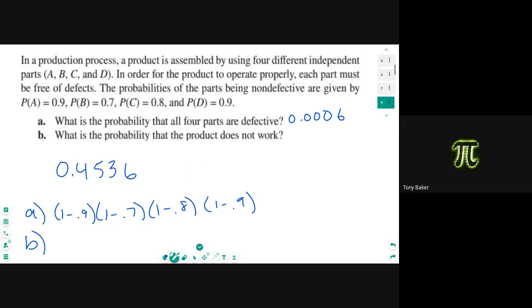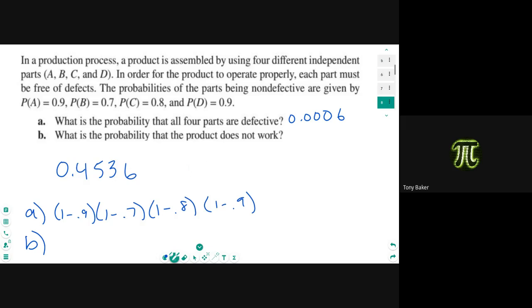Because it's asking the probability that at least one of them doesn't work. When I multiplied all of those, I got that number, but I skipped the subtracting step. So if that's the likelihood that it will work, then the inverse would be the likelihood it won't. Very good.